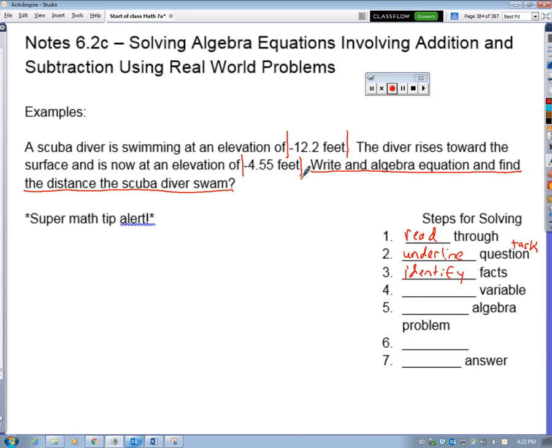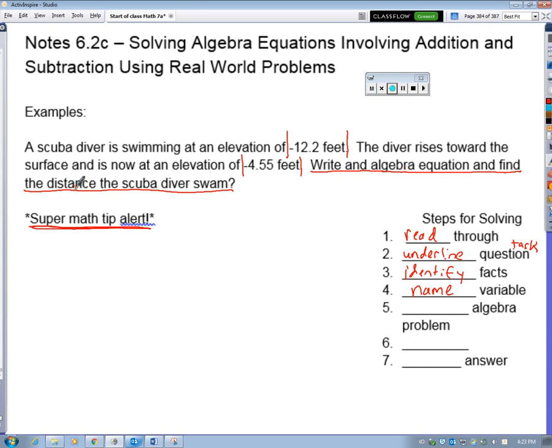Number four, we're going to name the variable, the thing that we do not know, the thing we're trying to find out. And this is where your super math tip alert comes in. A super math tip for you: the question or the task is going to tell you what the variable is.